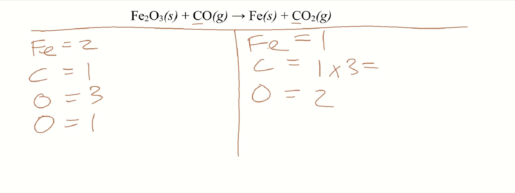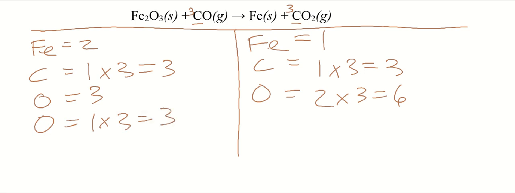So this is going to be 3, 2 on the left side. Update this one also by 3. We got 6. Let's go over here and make that a 3. That's going to update that oxygen. Again, the reason we did that is to get these two sets of oxygen to be an even number, and it turns out that they match up.